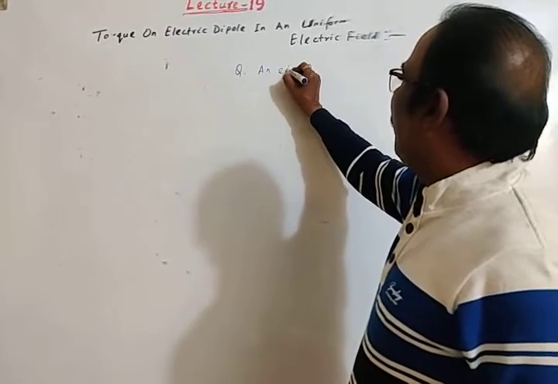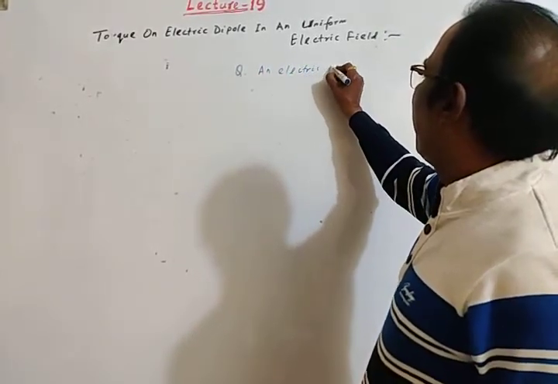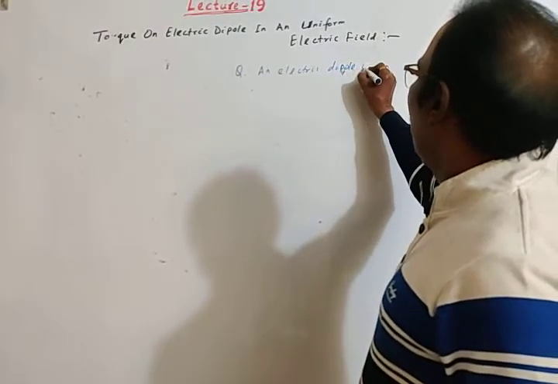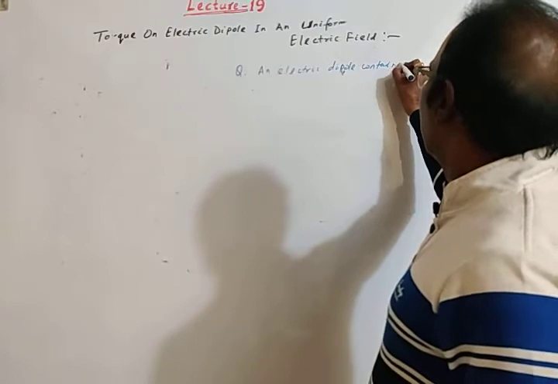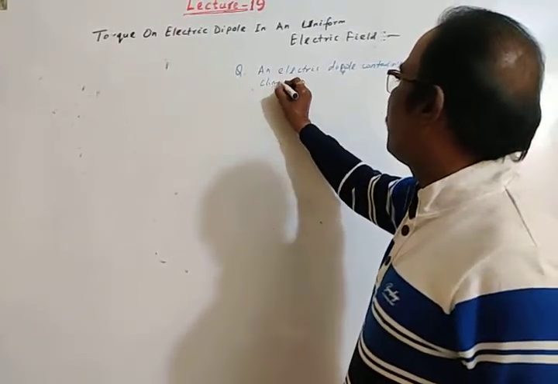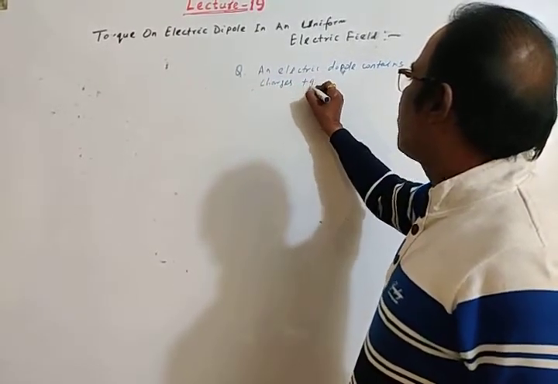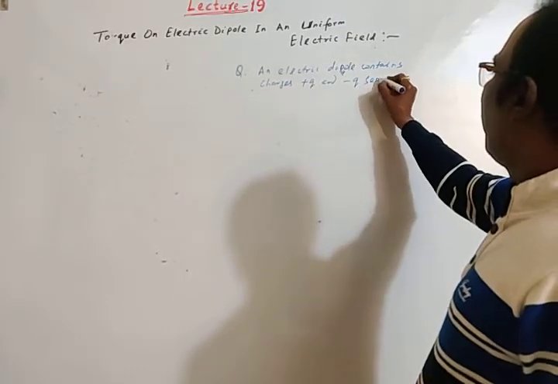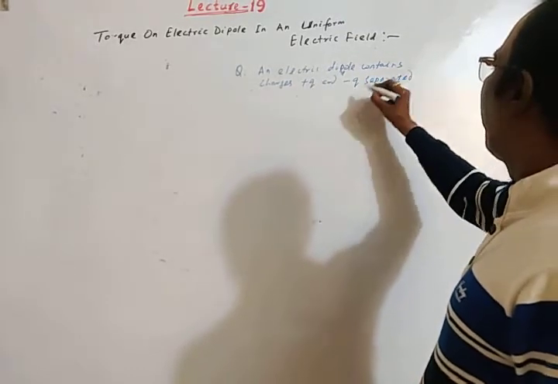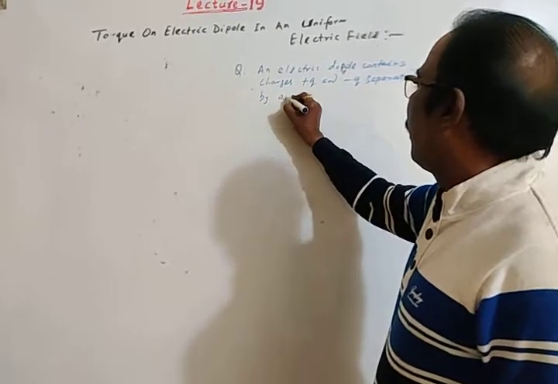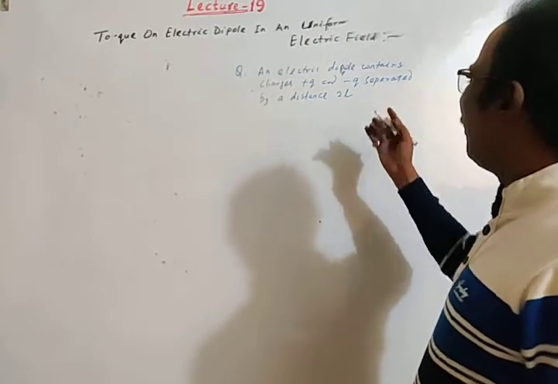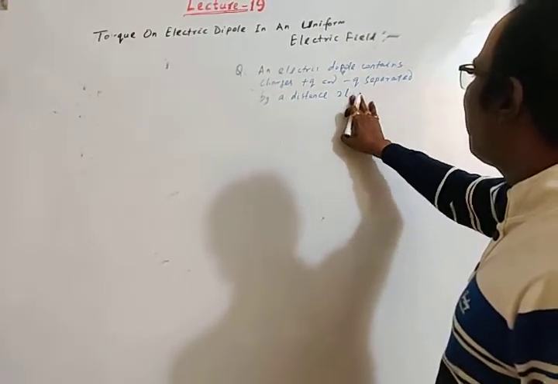An electric dipole contains charges plus Q and minus Q separated by a distance 2L. Obviously we are taking the same symbols.